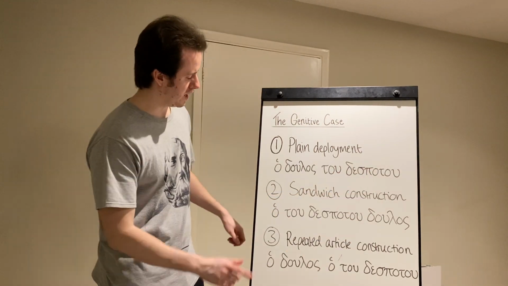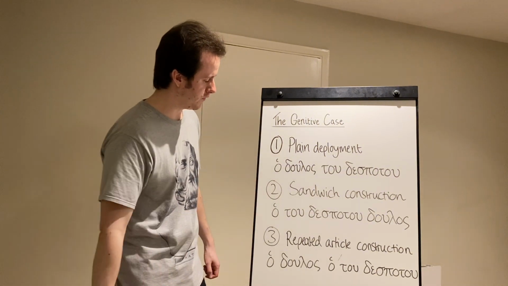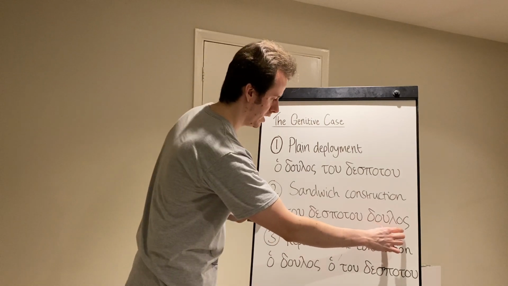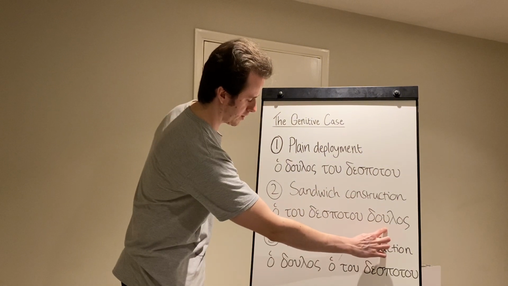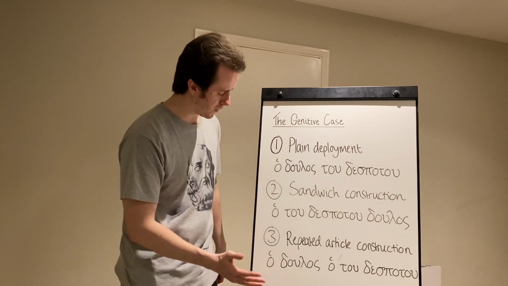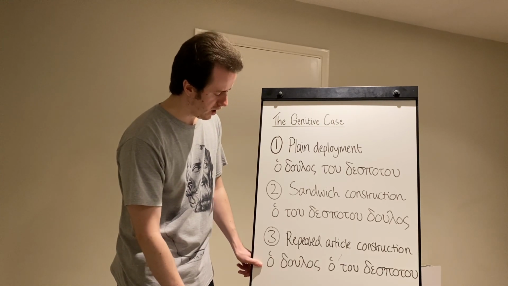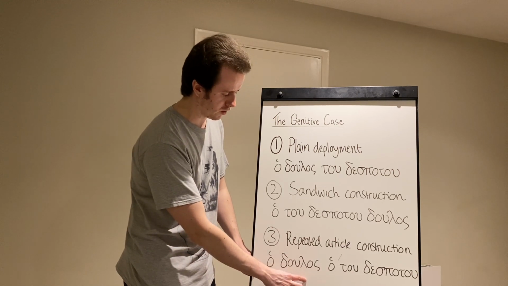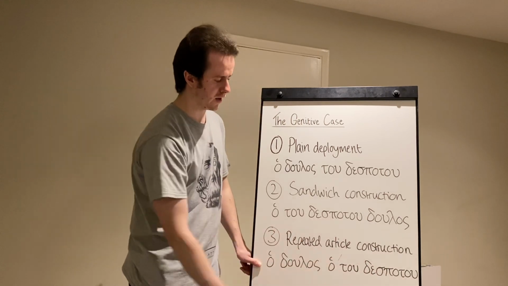But the point is, the genitive phrase is just put into the sentence and it's not deployed in any special way. Whereas in the second method, which is the sandwich construction, the genitive is inserted in between the definite article and the noun. So you'll take this in the following order: ho doulos, the slave, tu despotu, of the master. And then the third and final method is using the repeated article construction, where you have got the definite article of the noun that the genitive phrase is applying to repeated with the genitive phrase following that repeated definite article.